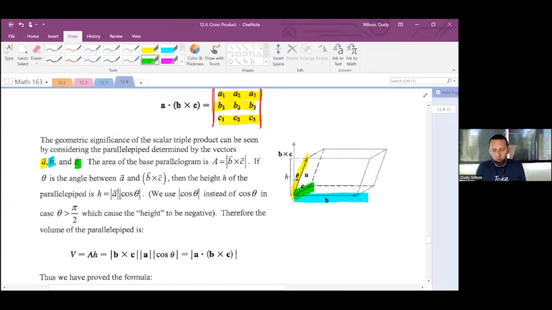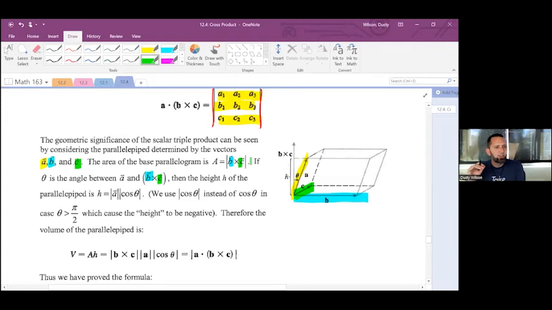And so the three of those are going to form a parallelepiped. Think like a three-dimensional parallelogram, if you will. So the area of the base of the parallelogram is given by B cross C, and specifically its magnitude.